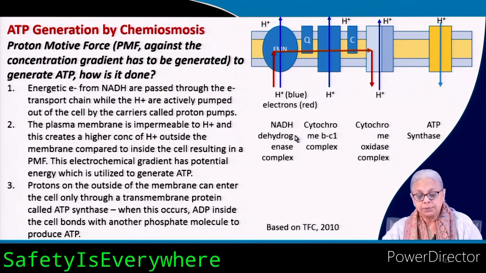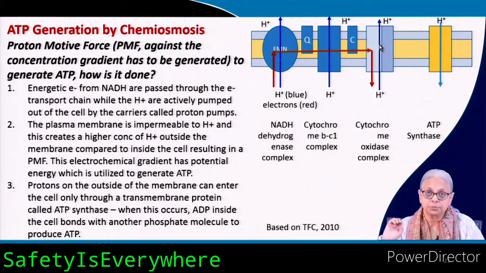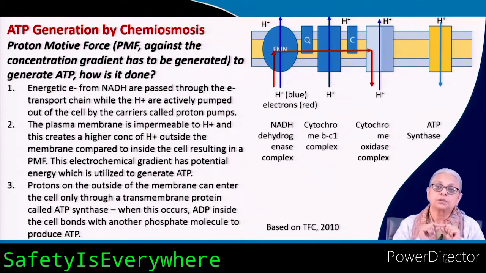So the bottom part is the cytoplasm, and the top part is the outside of the cell, and these protein complexes are pumping the protons out of the cytoplasm. So you can see in all three cases protons are being pumped out, and that will give you a higher concentration of protons at the outside rather than the inside of the cell.